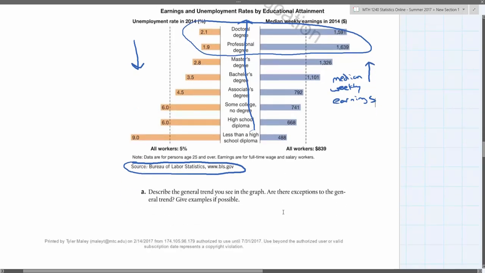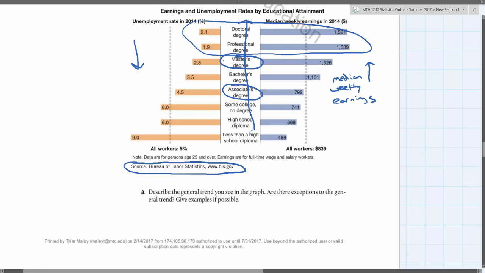So we looked at describing the trends, and then the second question is, are there any exceptions to the general trend? And of course there are exceptions. Basically what that's saying is, just because you have an associate's degree versus someone who has a master's, does that mean the associate's degree person will always earn less than the master's degree? That's not necessarily true.